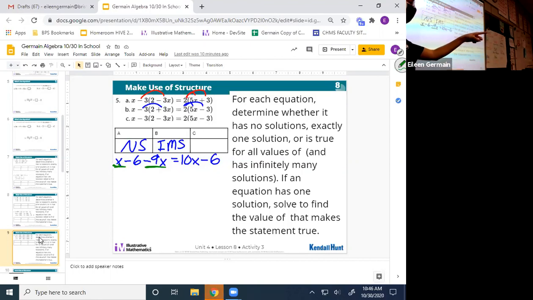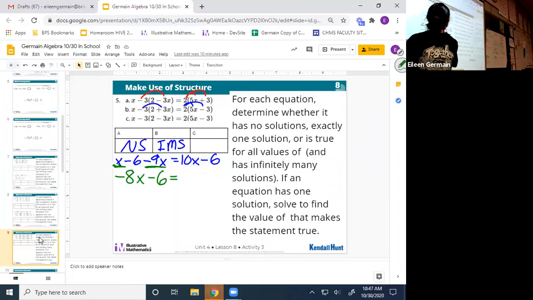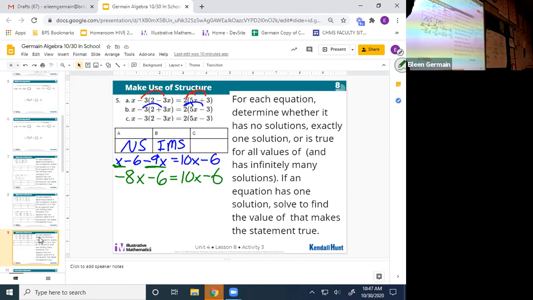Is it negative? Yes, because a negative times a positive is a negative, right? Yes, nice catch, Gabe. It would be x minus 9x is negative 8x. Minus 6 is equal to 10x minus 6. So what would our solution be here? One solution, very good.